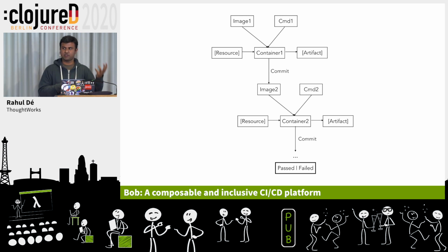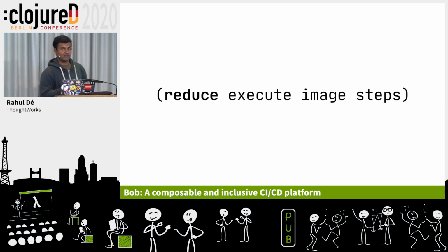You commit the container to a new image, and then you carry it on, right? Does this pattern sound familiar? What does this look like? Is this a reduce? Right? So that's all a pipeline should ever be. A reduce with executes over images. Begin with an image and you reduce over the rest of the steps. That's it. So I don't think pipelines have to be anything more than this. Right?